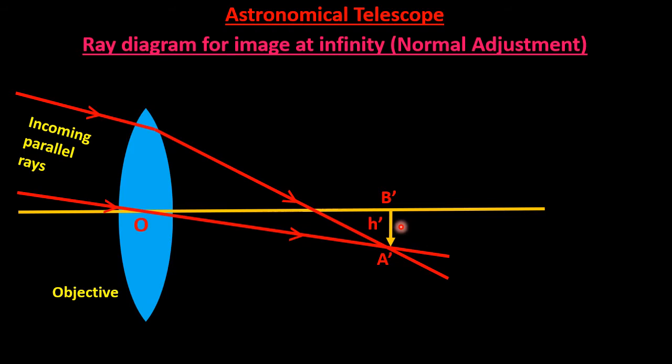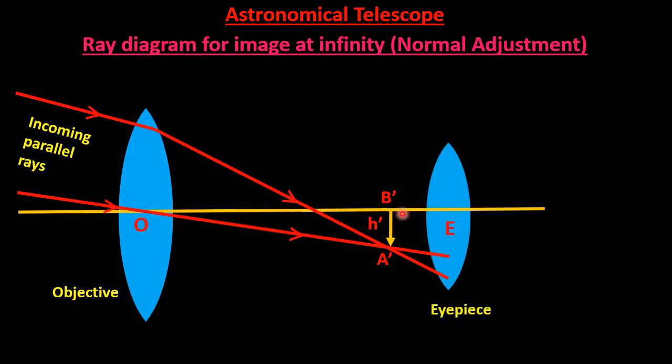Now we have to place an eyepiece in such a way that this image A dash B dash will lie exactly on the focus of the eyepiece. So here we draw an eyepiece having focal length denoted by FE. Due to the presence of this eyepiece, this image A dash B dash will again be magnified by the eyepiece, and the final image will be formed at infinity, as the rays after refraction through the eyepiece will be parallel to each other.